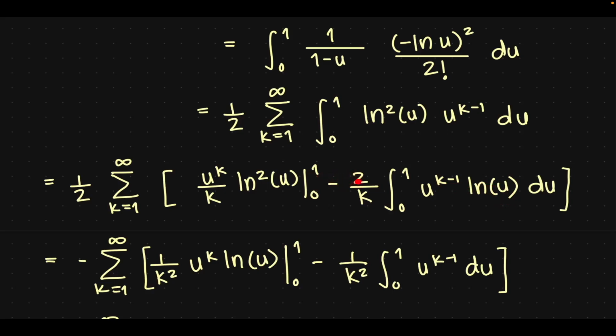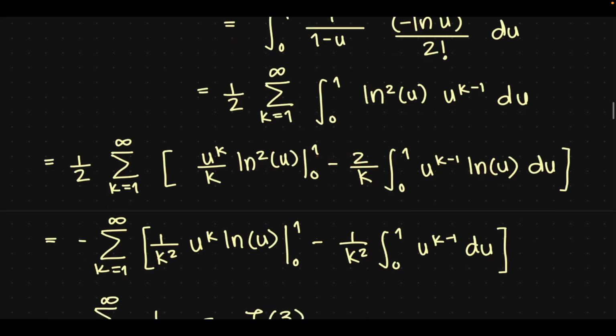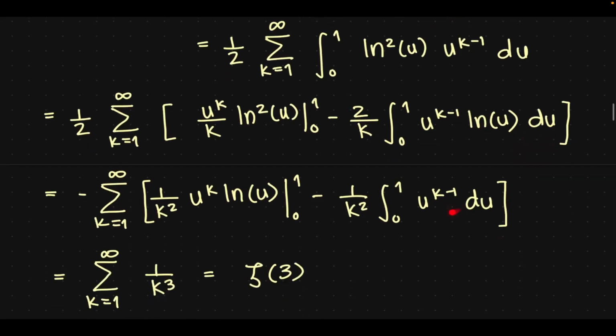That's why we get the 2 and the k minus 1 in the u power. Then this first term, you can do L'Hopital's rule for the 0 case. It should vanish. The point is we repeat our integration by parts for this second term.